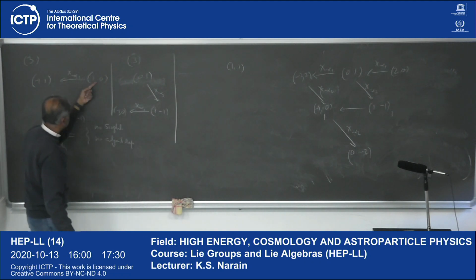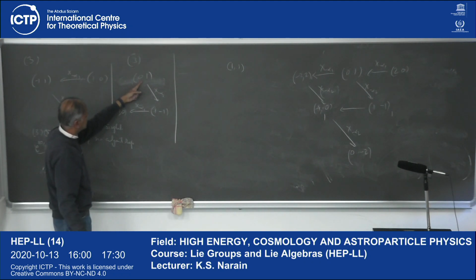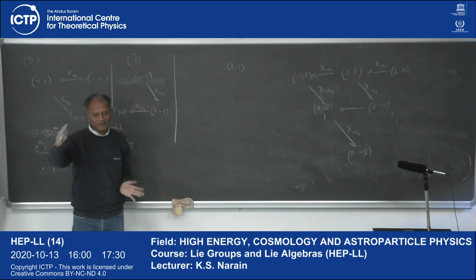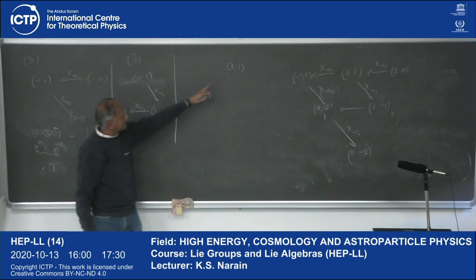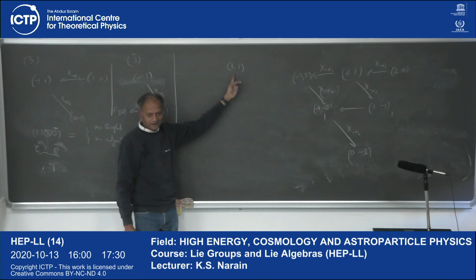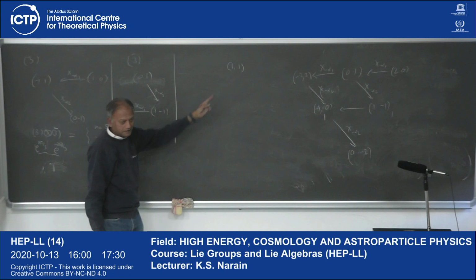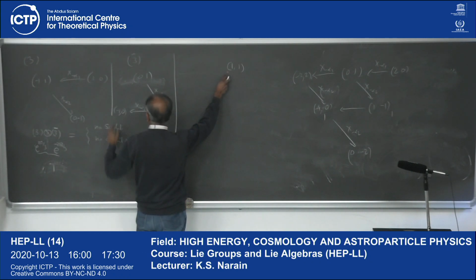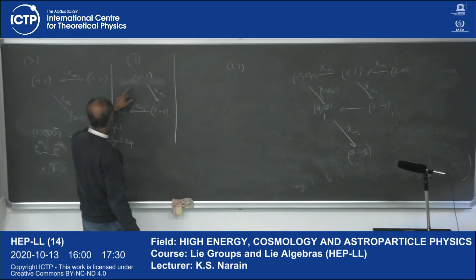This was the highest weight of this representation, and this was the highest weight of that representation. Add that up, you again will get a highest weight, really the highest weight in all of that. And that is exactly the adjoint representation. 1, 1 was the highest weight of the adjoint representation. Okay? So this immediately tells you there's an adjoint representation. But anyway, just for completeness, let's do that. So 1, 1, so this gives you that.